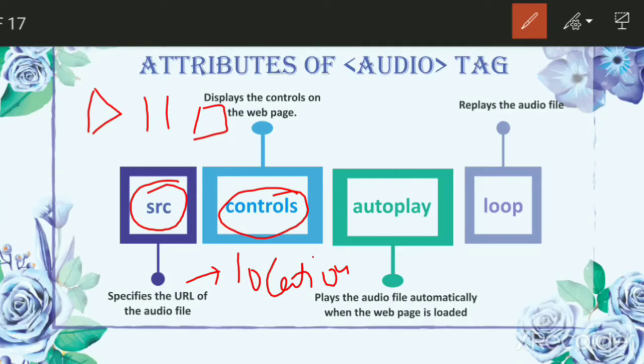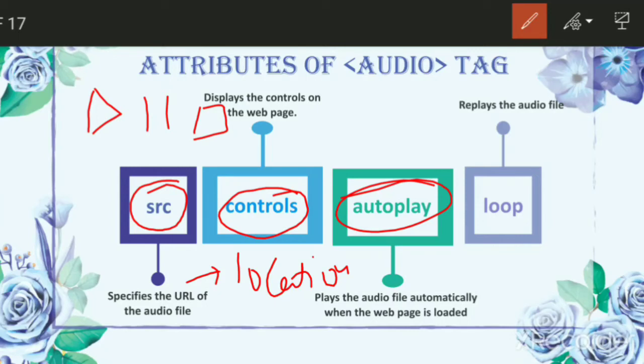Next attribute is autoplay. As it is clear from the name, autoplay means that as soon as you open the web page, it plays the music automatically. Okay, so the time the web page is loaded, the music will be played at the same time.